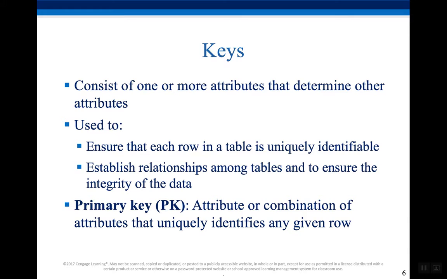It's one or more fields that can determine other attributes. So you can use a key to make sure that every row is uniquely identifiable, and you can also use it to establish the relationships across tables.